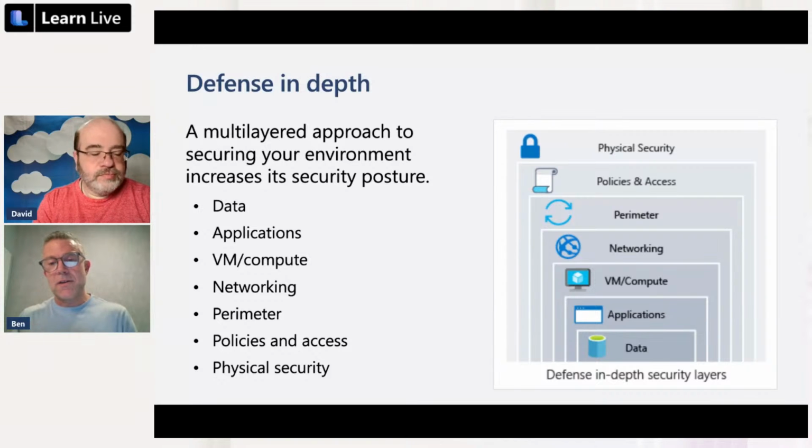So policy, understanding what your policies and access need to be for your identity access management, for instance, and then also your networking and perimeter security, and then further down into VMs, applications, and data. These are all going to be important security layers that you need to have in mind for the application.